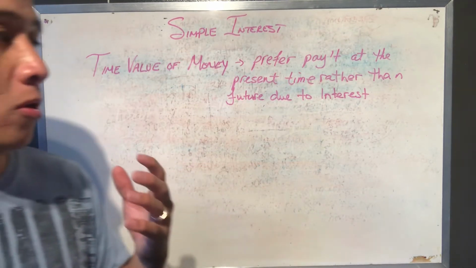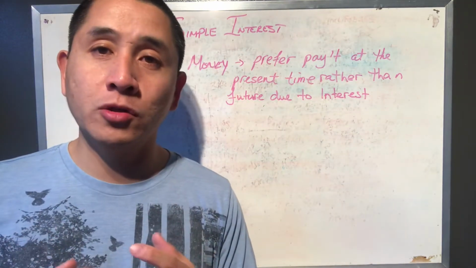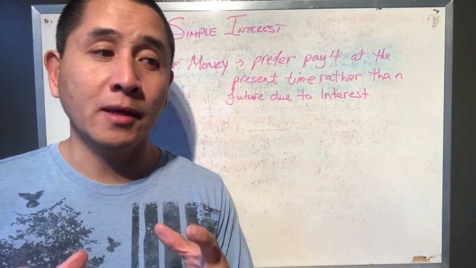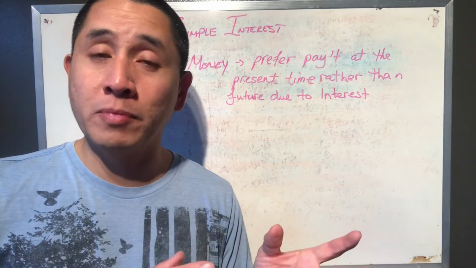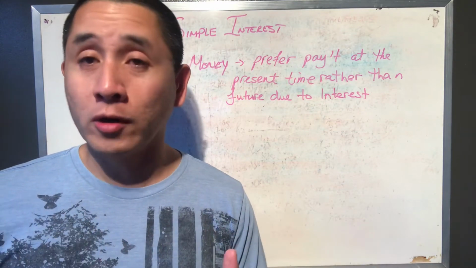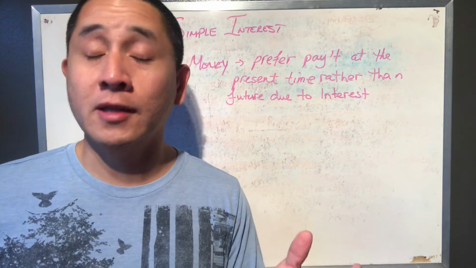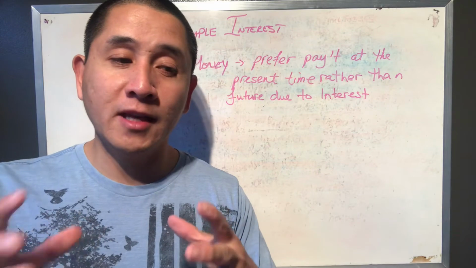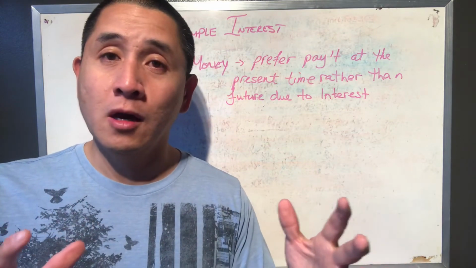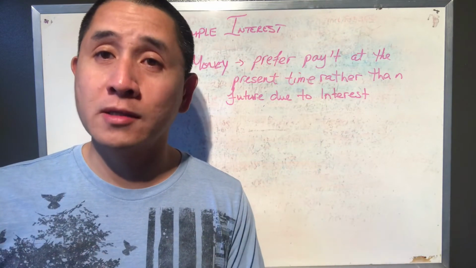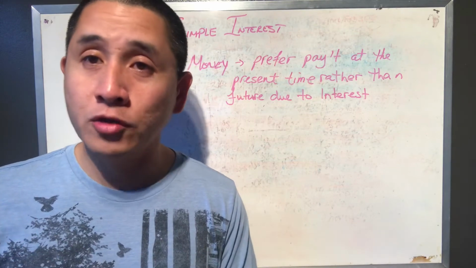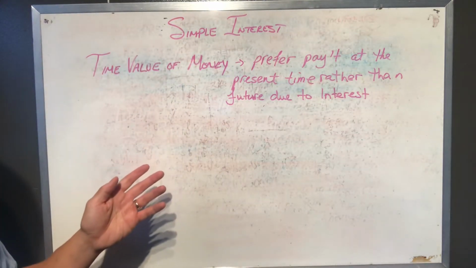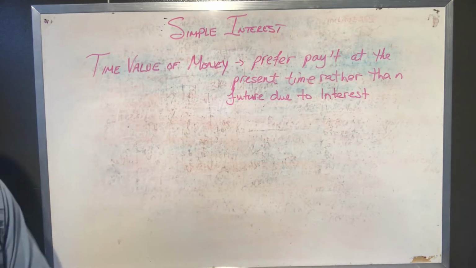So when people or organizations lend out money to other people or organizations, for example, a bank lending money out to other people for the purpose of a mortgage, say, that's never done for free. So in exchange for the time that is given to repay the bank, what the bank wants in return is what is called interest. So what we're going to be calculating today is something called simple interest.